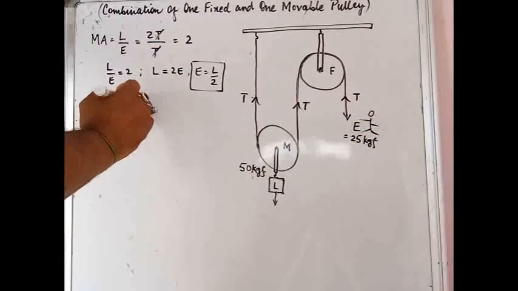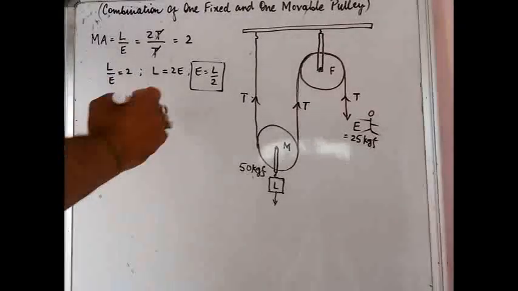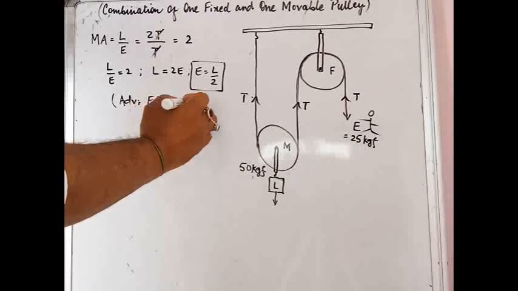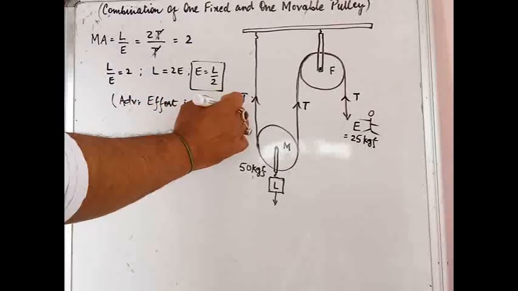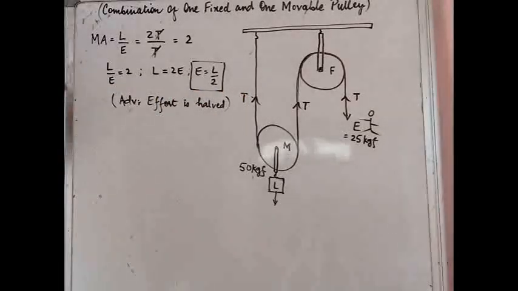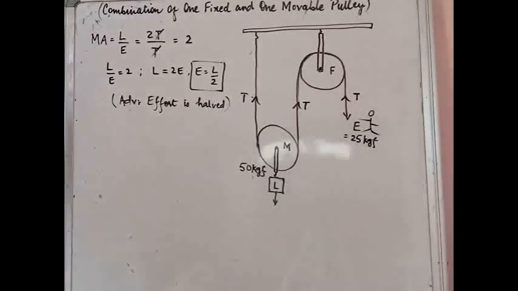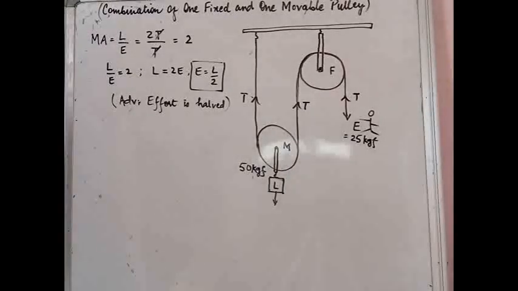Okay, so basically there is an advantage here, which is that our effort is halved or reduced to half. Okay, so basically, why is this an advantage? Because for lifting twice the amount of load, we are actually using half of that particular load as the effort. So for lifting 50 kgf, we will only require an effort of 25 kgf.